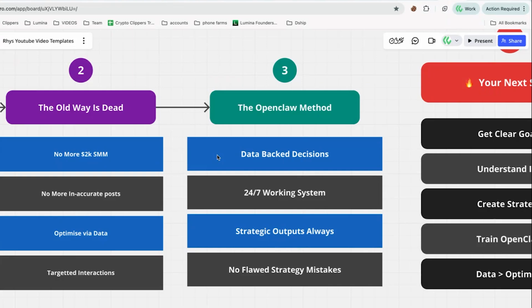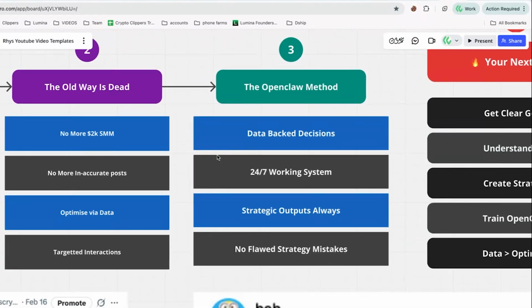Everything is data-backed. Number 2, he works 24/7. When I'm sleeping, when I'm in gym, when I'm in team meetings, he's working, he's analyzing data, he's publishing content, and he is dominating the socials over the past 7 days. In 7 weeks, it's going to be a whole different ball game.